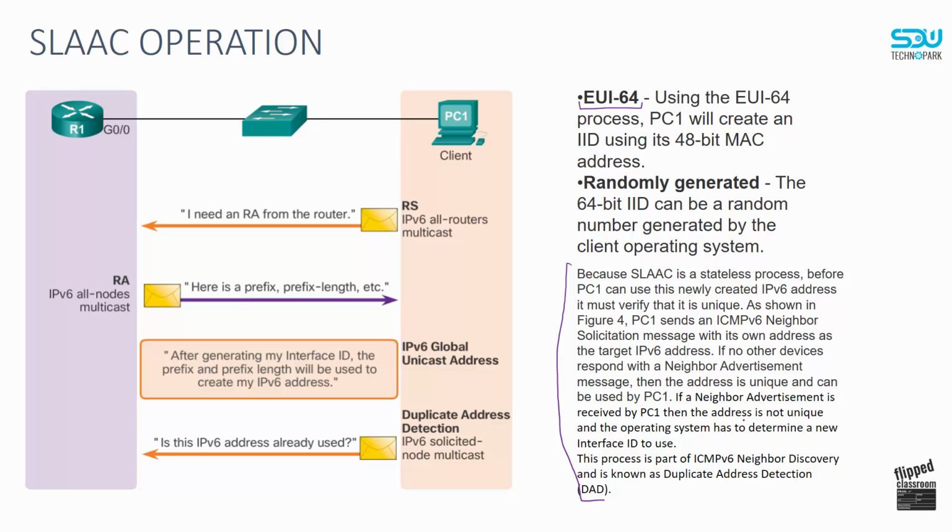So it means that if a reply came from this unicast address, this process is part of ICMP version 6 neighbor discovery, and it's known as duplicate address detection. This process is called DAD.